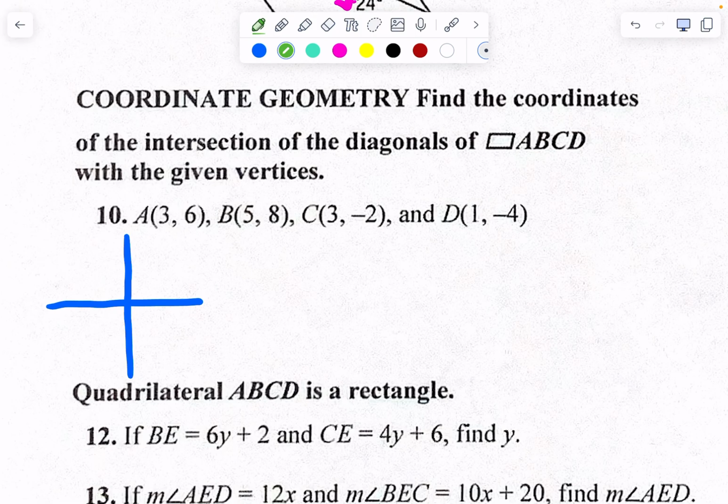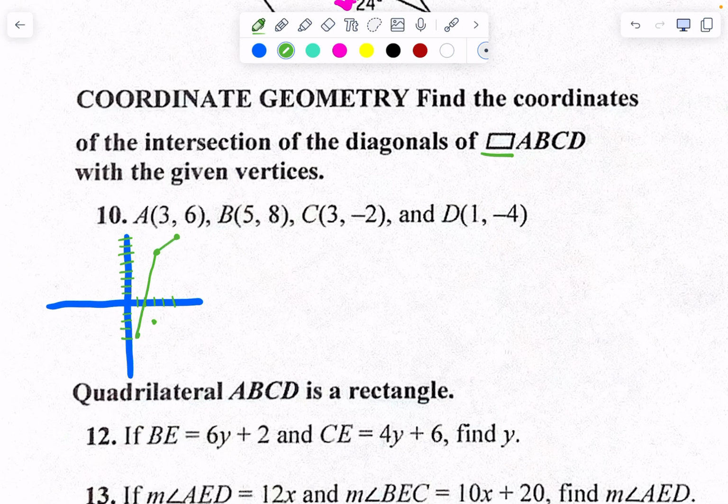It's a parallel. The little thing looks like 1, 2, 3, 1, 2, 3, 4, 5, 6. This guy. B, is it 5? Doesn't that symbol just mean parallelogram? Right? Oh, this guy? Yes, that means parallelogram. Yes, you're right. 3, -2 is right there, and 1, -4 right there.